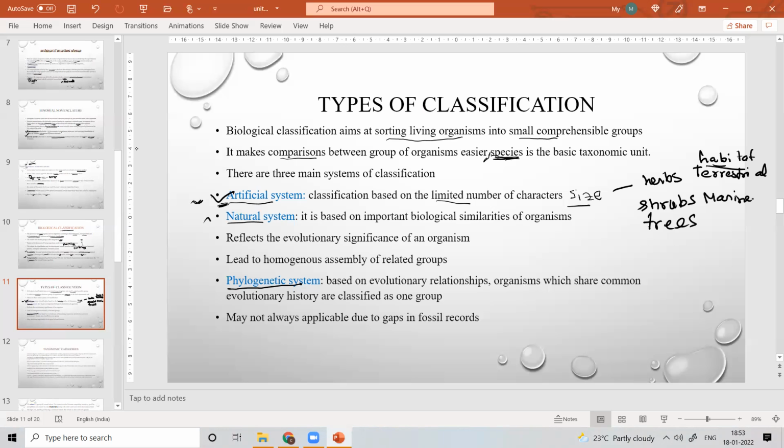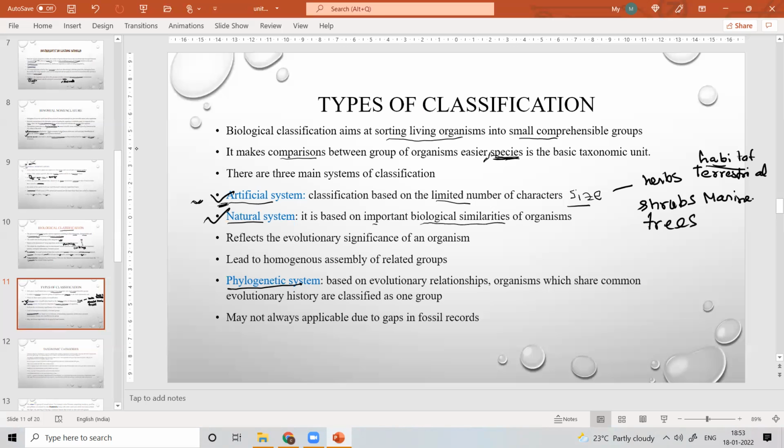And the next one is the natural system. The natural system is based on the important biological similarities of organisms. We take as many similarities, as many characters as possible, to classify the organism.